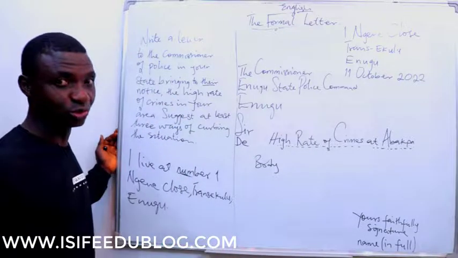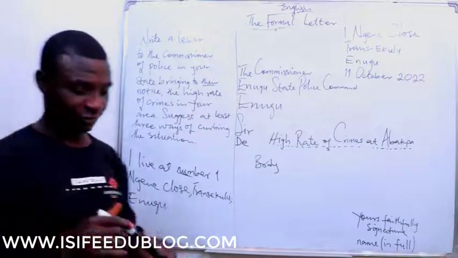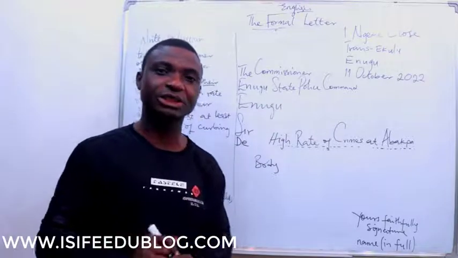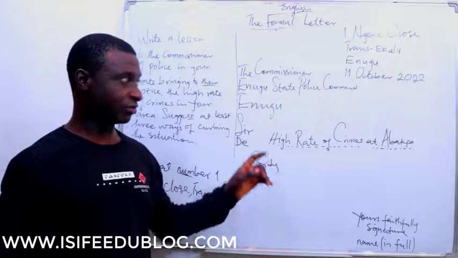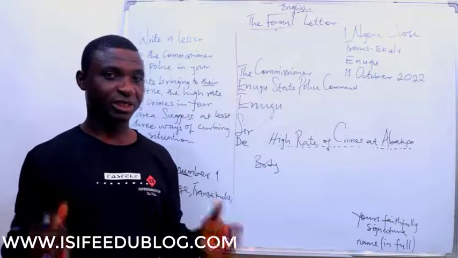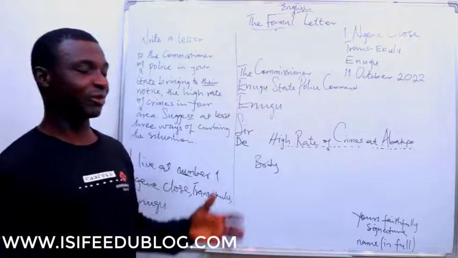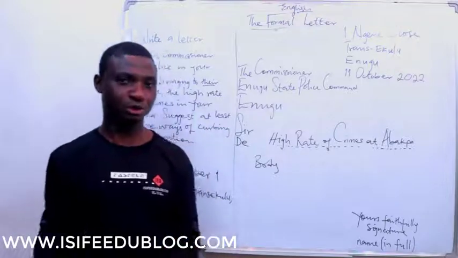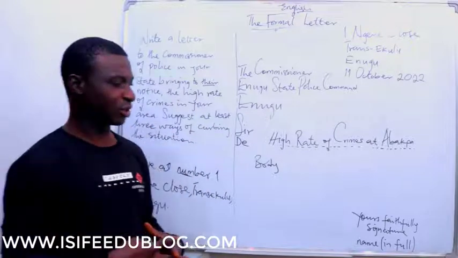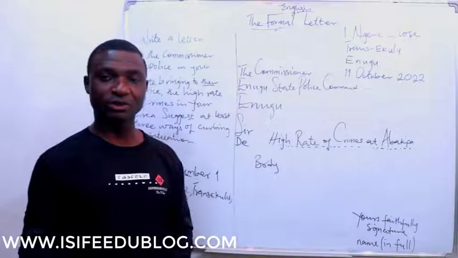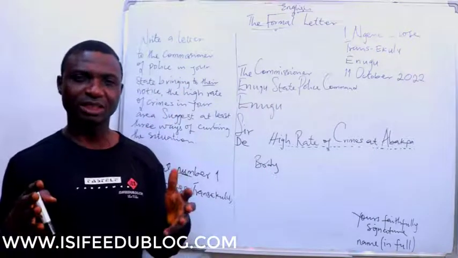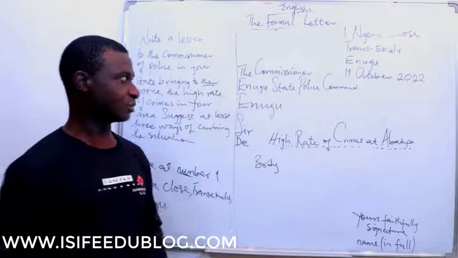That is not true. Yours faithfully and yours sincerely are ingredients of formal letter. Ever since the semi-formal letter was expunged, we have inculcated in the formal letter yours sincerely and yours faithfully. The way to do it is what I'm telling you now.